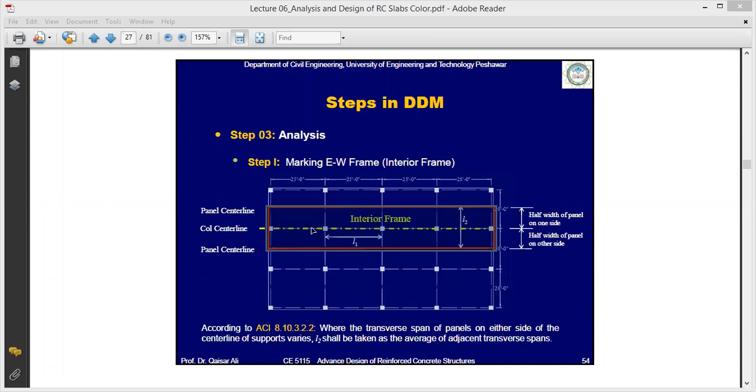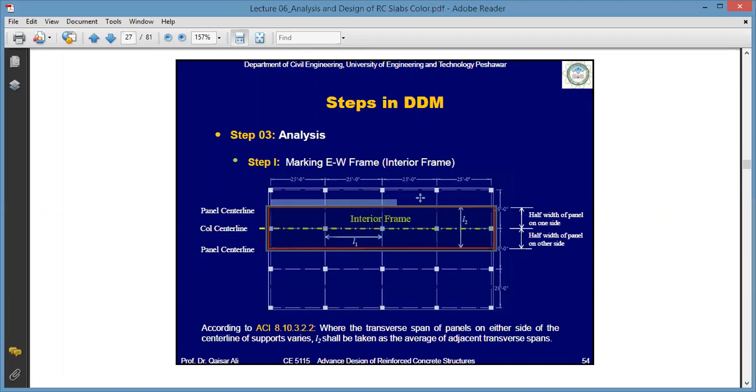For this frame, the first thing is you have to mark the center line, the column center line. This yellow dashed line is the column center line, and the other two lines are already cleared because you have marked this frame.